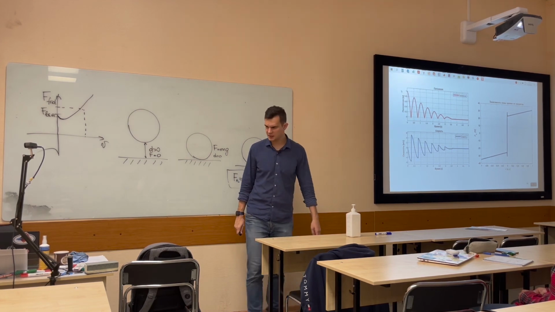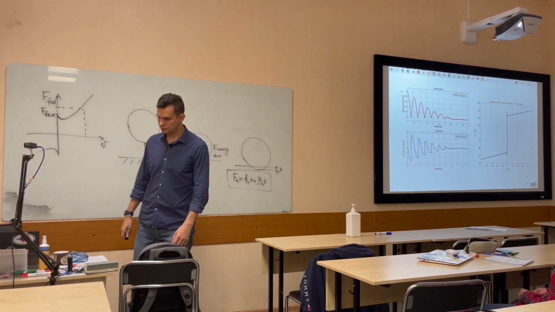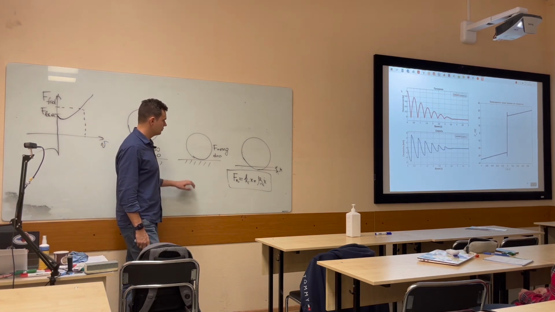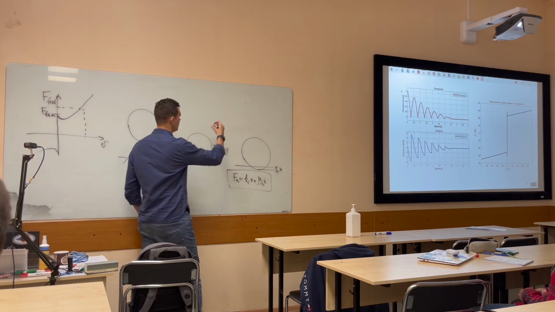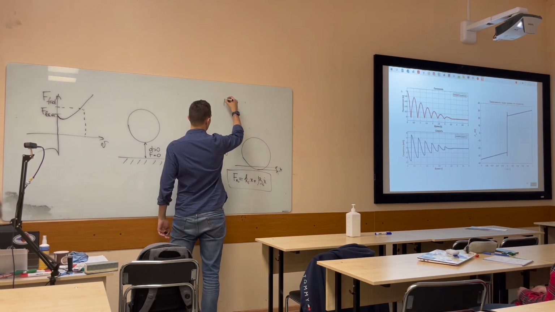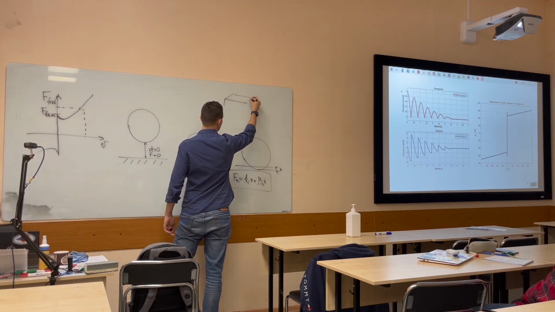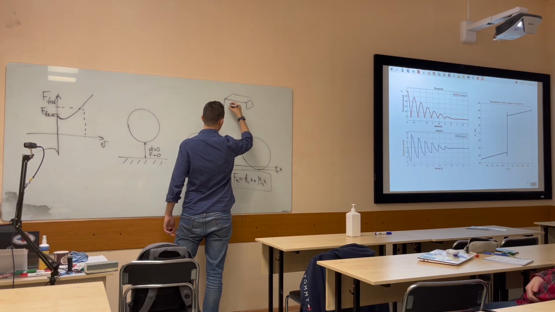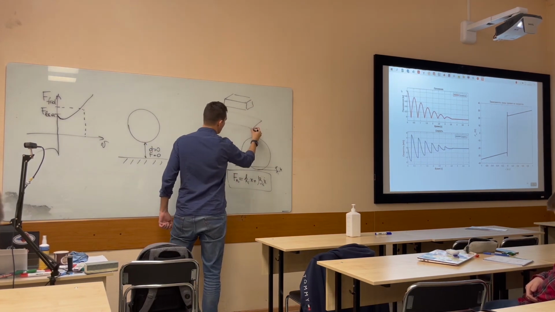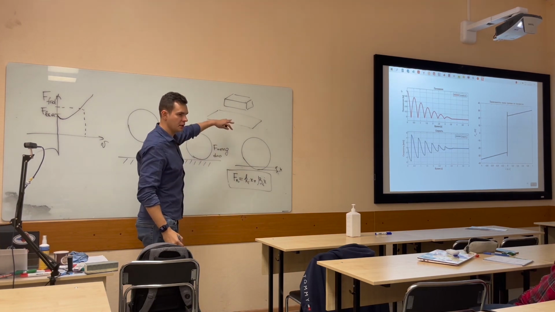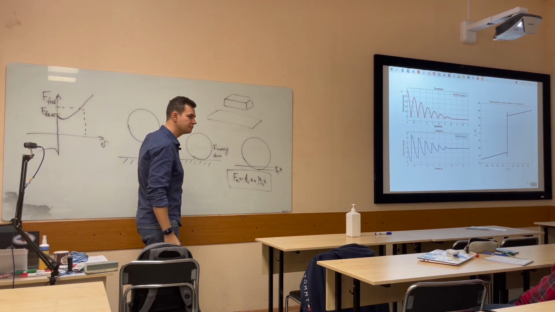But basically, it works like this: you have some geometry. Let me create some drawing. We have, for example, a brick and a plane, and you want to model how this brick is falling down on the plane.